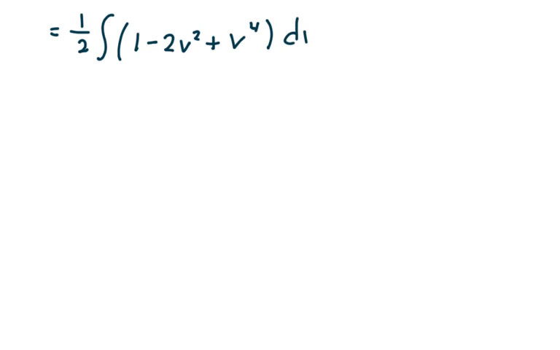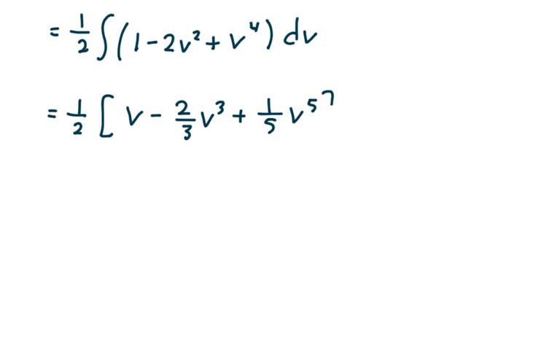And so here, this is 1/2 the integral of 1 minus 2v squared plus v to the 4th dv. And that becomes pretty straightforward. And so this is 1/2 of v minus 2/3 v cubed plus 1/5 v to the 5th plus c.